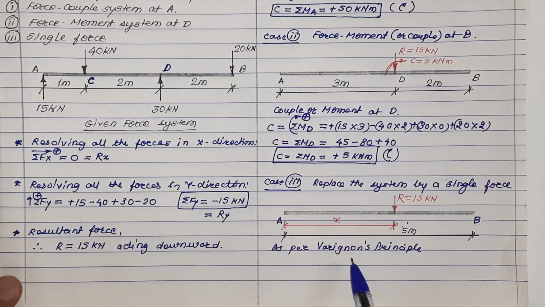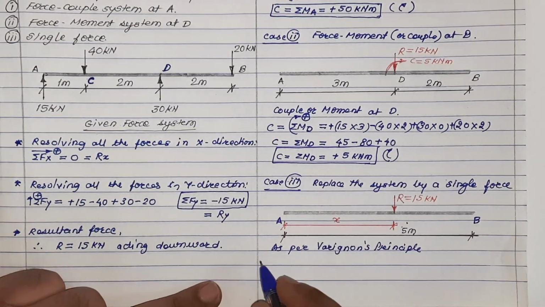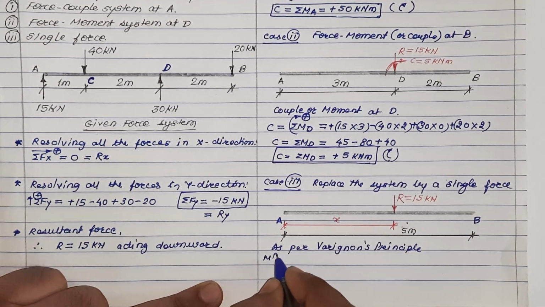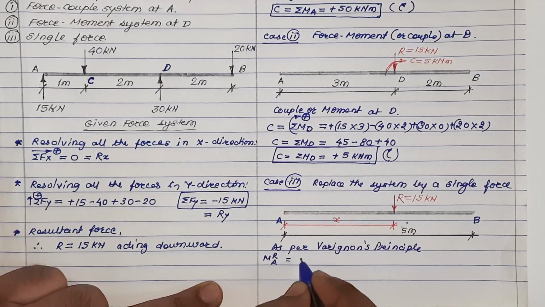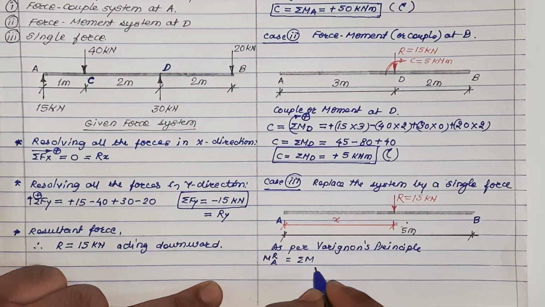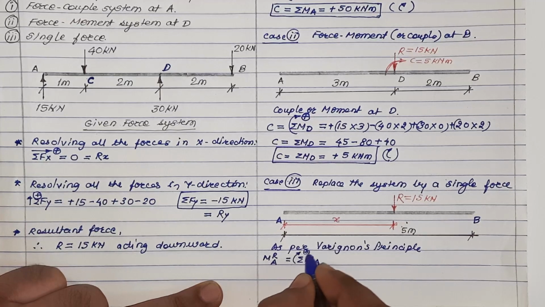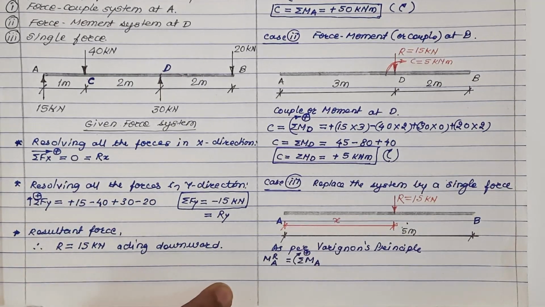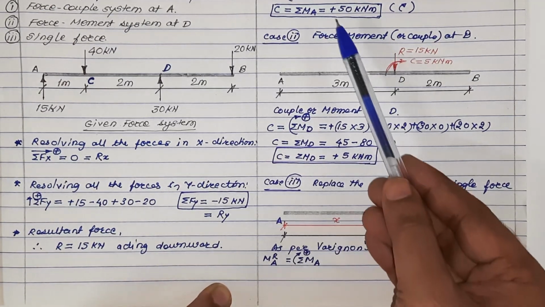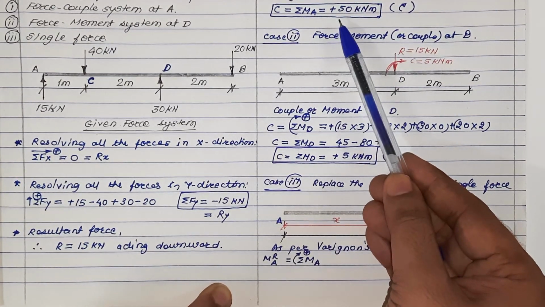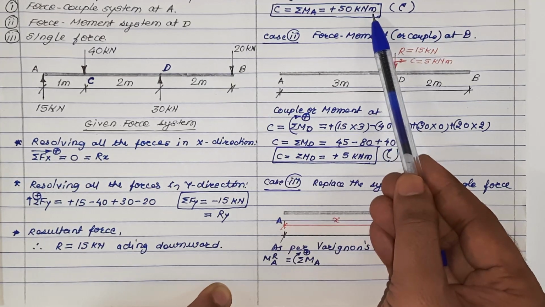Thus, as per Varignon's principle, the equation would be: moment produced by the resultant force about A is equal to summation of moment of all the forces about A, in which clockwise moment is taken positive. If we remember, this algebraic sum of moment of all the forces about A is already calculated in case 1, which was 50 kilonewton meter.